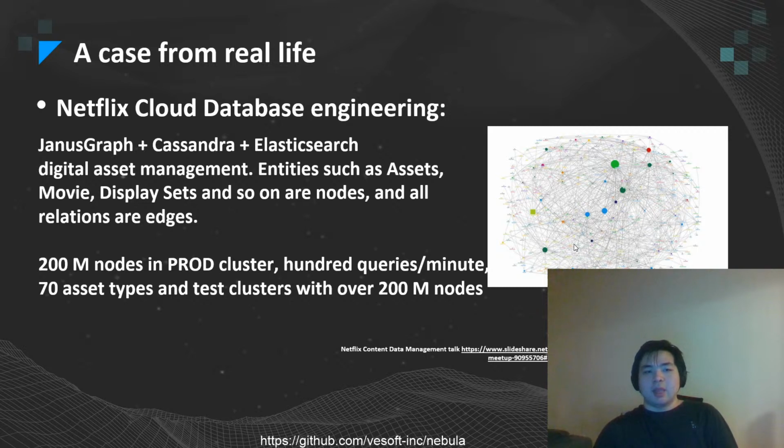The relationships are used to link up the different assets. Every day there are 2 million nodes in the cluster and hundreds of queries or updates per minute, and it is able to run in real time.